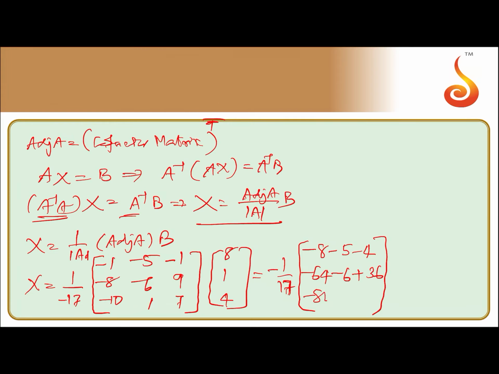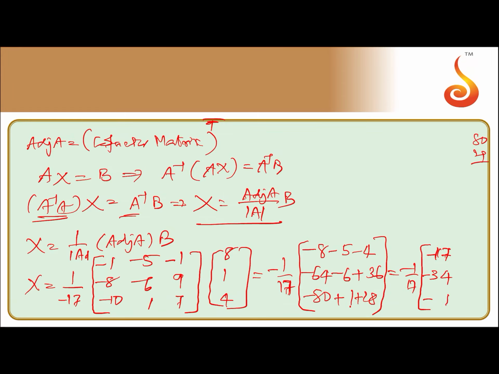Next minus 80 plus 1 plus 28. That equals minus 1 by 17 times, and this is minus 17, 36, 64 minus 6 is 70 when you subtract, so you'll be getting 34, yes, with minus sign, 28, 29 you get minus sign, 80, so therefore here it is 80 minus 29.